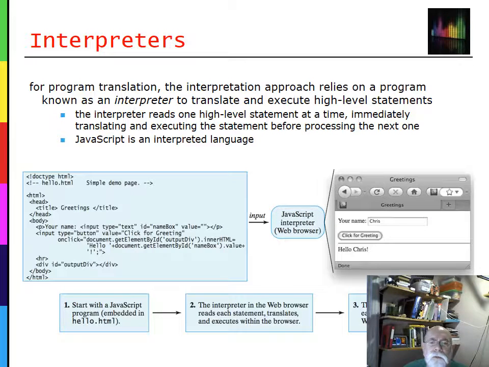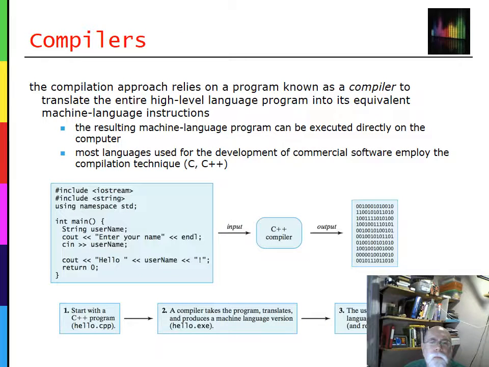Here's an example of JavaScript using an interpreter, and here's the code. It goes from the code to the interpreter to what you see on the screen. This walks you through it, so just understand how all that is happening.